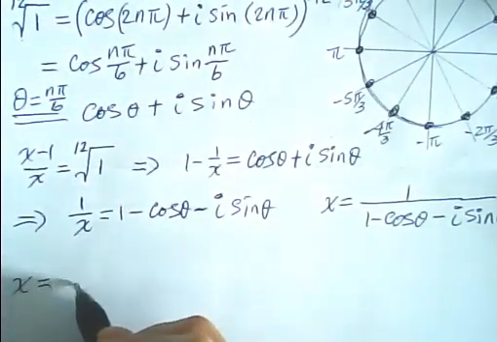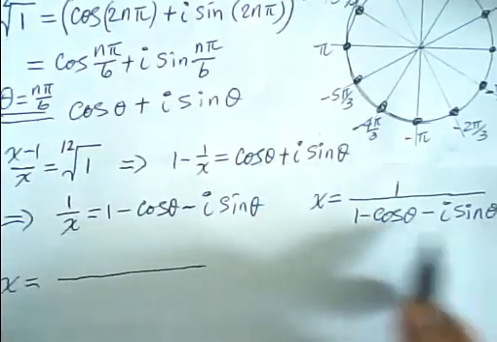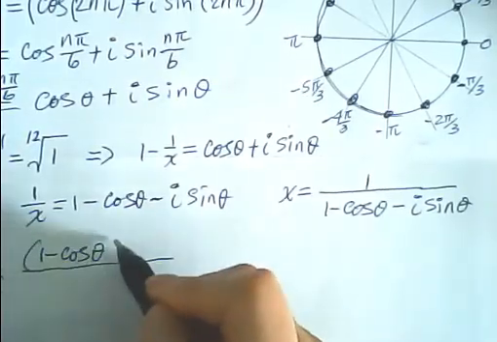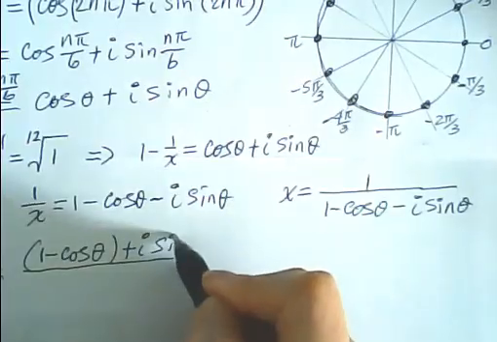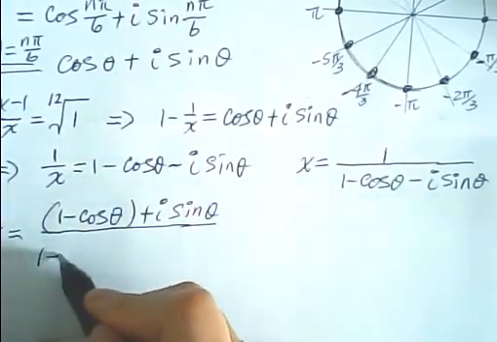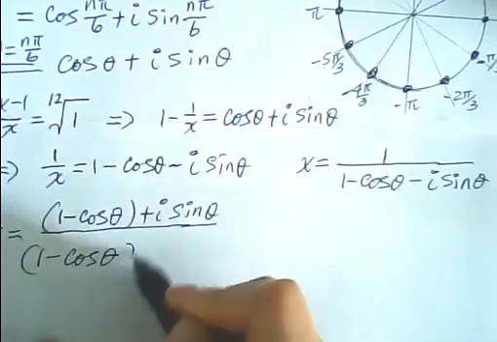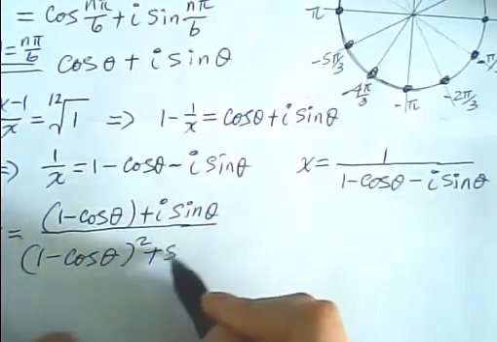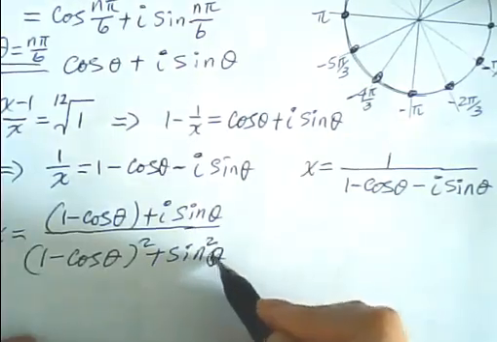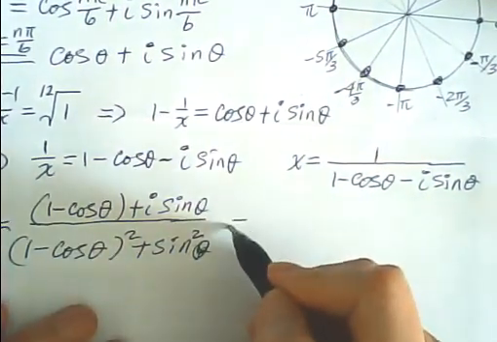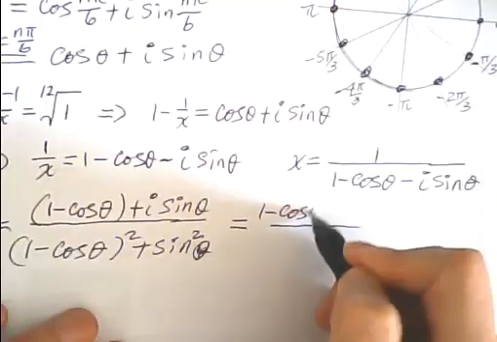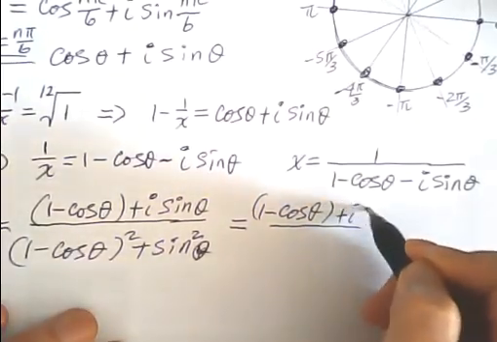So x is equal to the conjugate of this one, which is 1 minus cosine theta plus i sine theta.